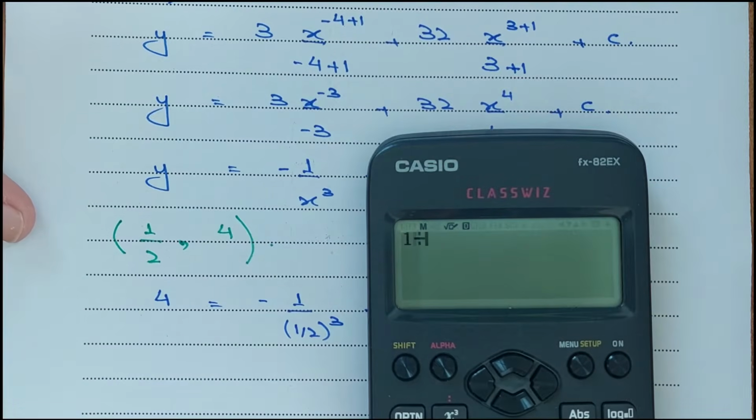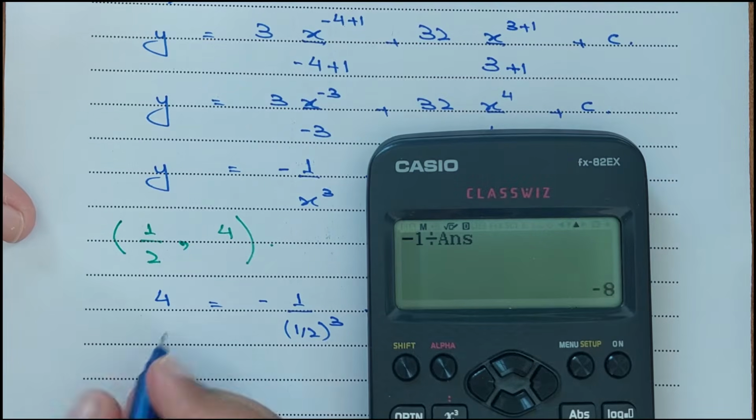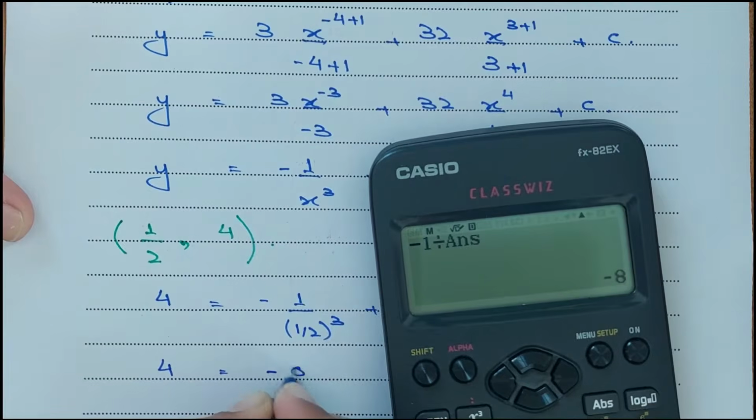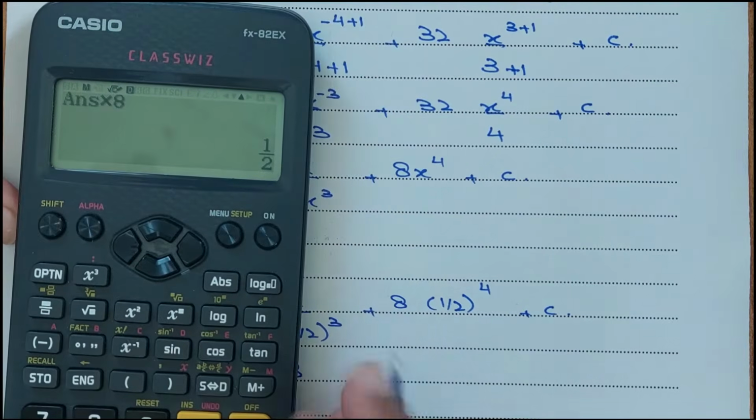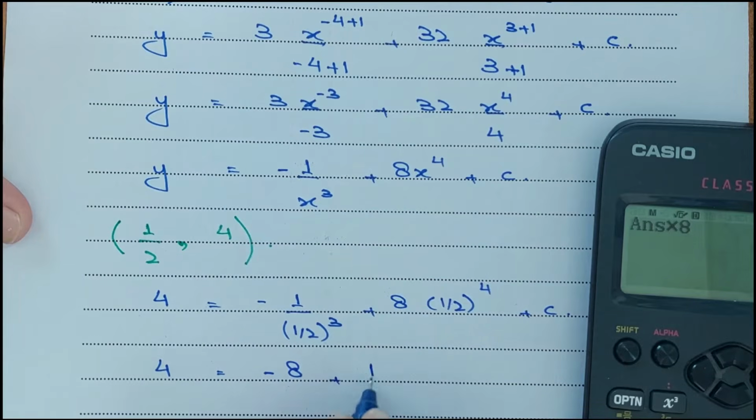We have (1/2) to the power 3, and -1 divided by that answer is negative 8. So 4 equals negative 8, and (1/2)^4 times 8 is 1/2, plus 1/2, plus some c.